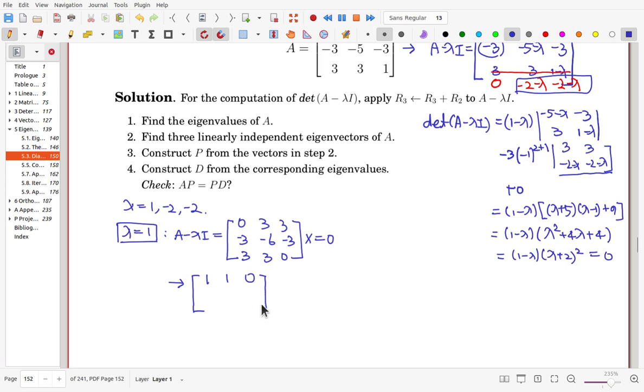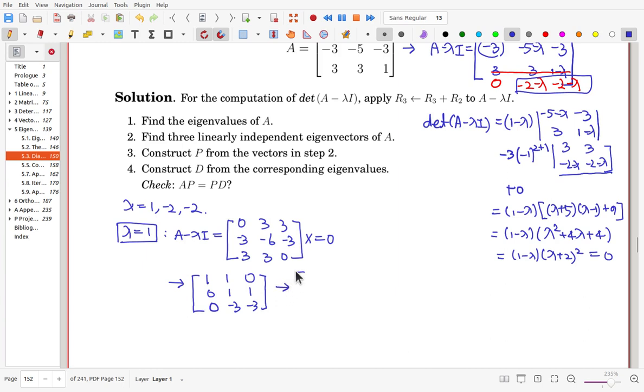Now the top one, after scaling, that is 0, 1, 1. Now we try to add here, and the result is 0, and that is minus 3 and minus 3. Essentially, these two are the same, so we can eliminate this one.